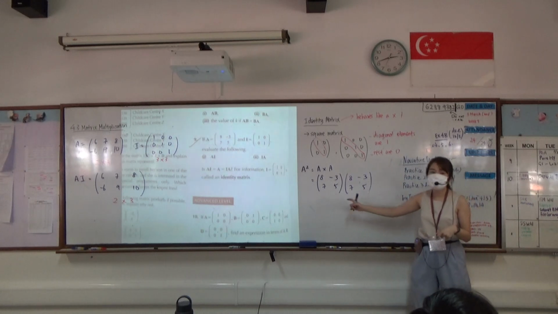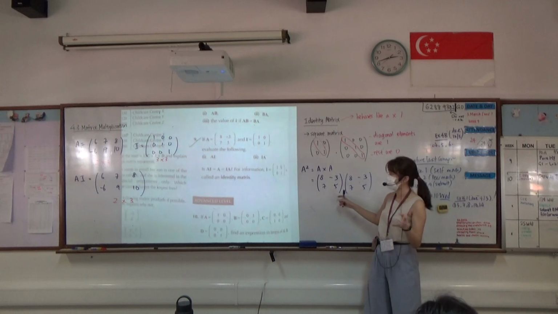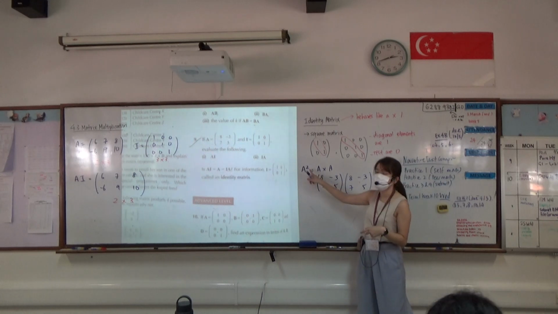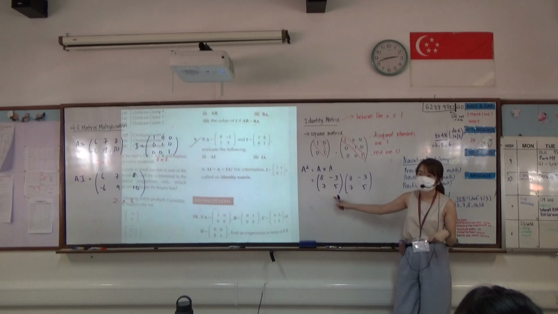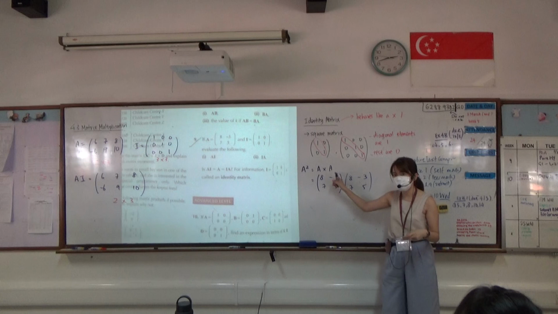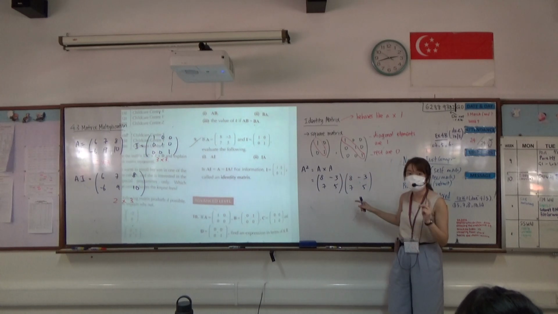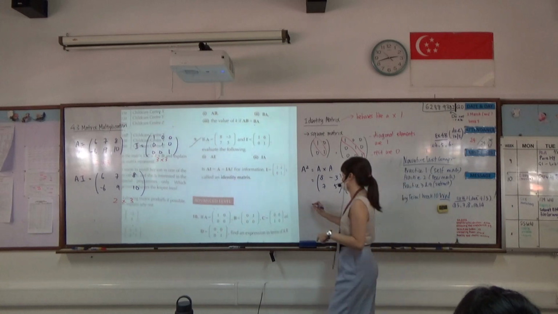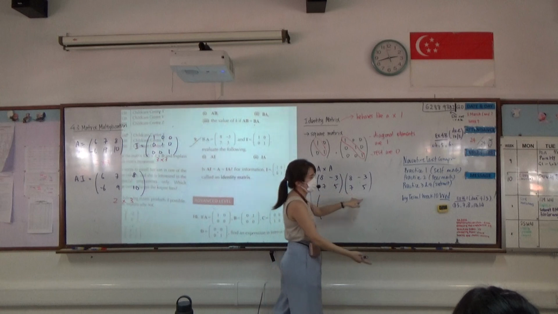Why do I have to emphasize this? Because if you don't capture what I say now, likelihood you take the square, you go and square every single element. Please don't do that. A squared means A times A, so the matrix A times the matrix A. Then we do our usual matrix multiplication, which is 8 times 8 plus negative 3 times 7.